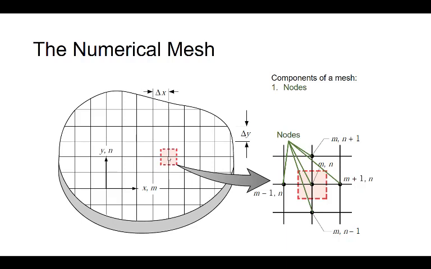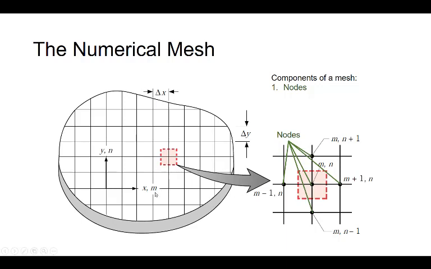I have highlighted the nodes at this particular location in the mesh in green. There is a node associated with the volume of interest, and there are also what are called neighboring nodes. These nodes are the neighbor to the node of the volume of interest.